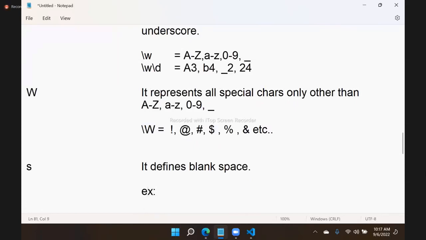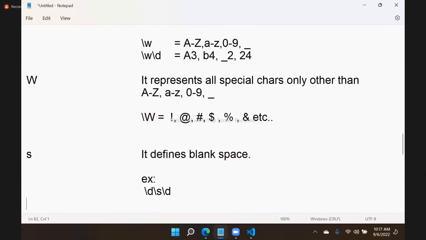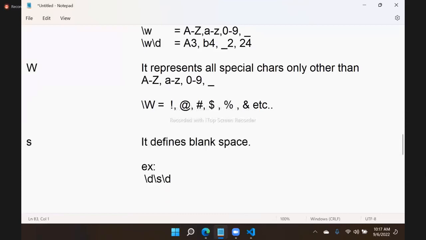Suppose \d\s\d. This indicates a 2-digit number with a space between. Right?